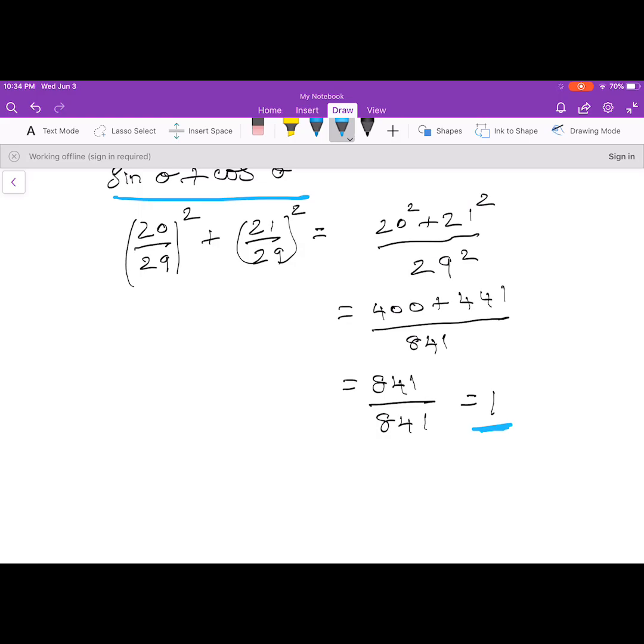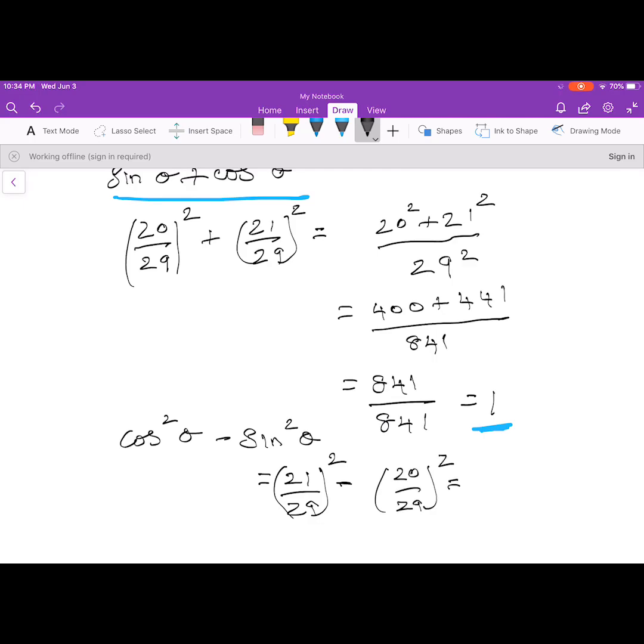Now I have to find out cos square theta minus sin square theta. Cos square theta is (21/29) the whole square minus (20/29) the whole square.